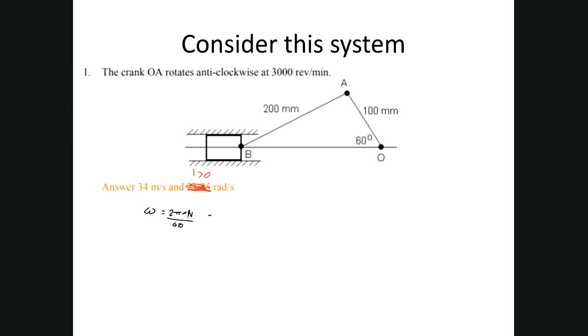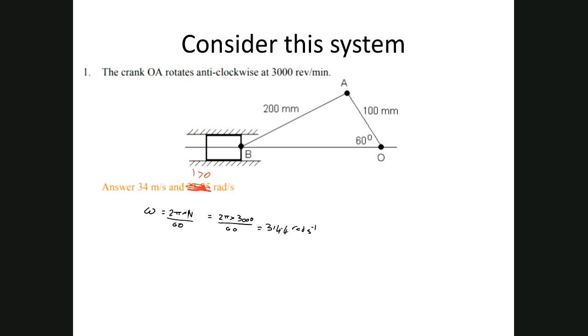And that is equal to 2 pi times 3000 divided by 60, which is equal to 314.4. Please put a decimal point in. Rad per second.